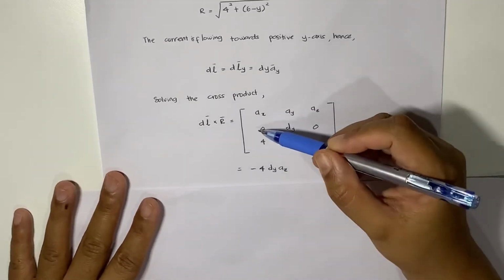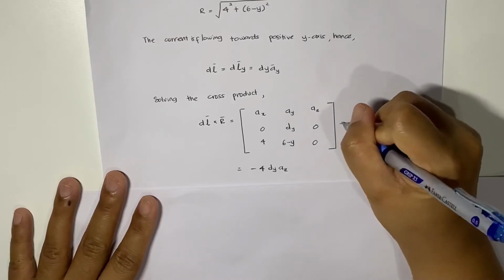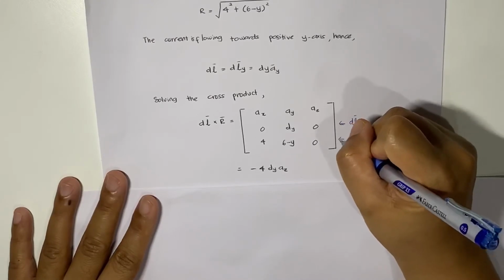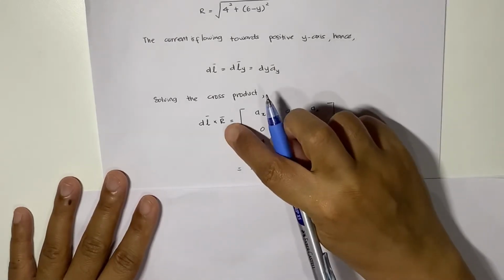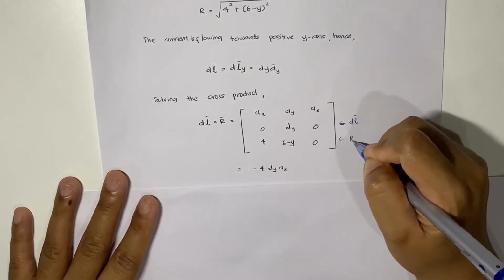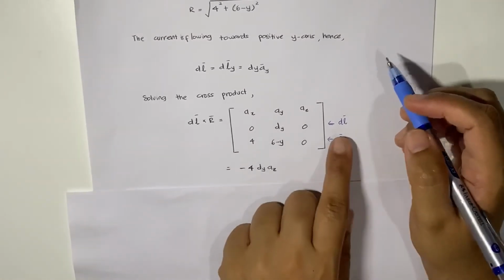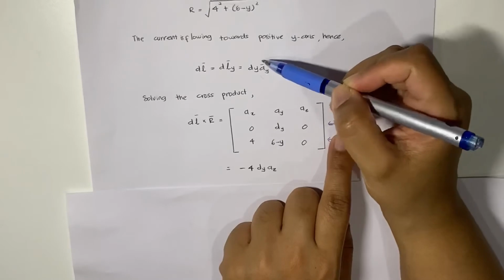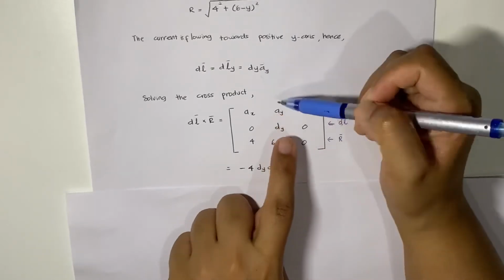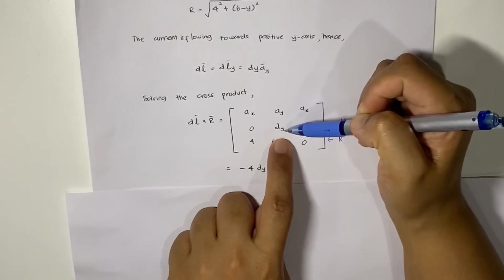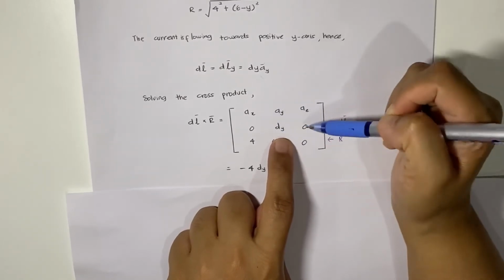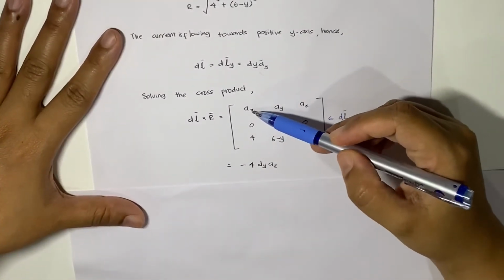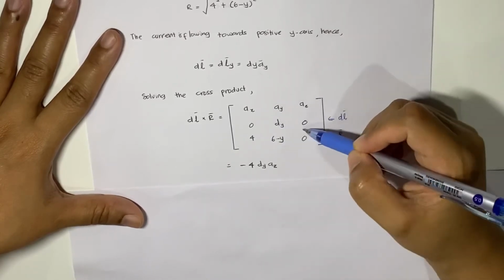This row relates with dl, and this row relates with vector R. If we refer to dl first, it only has dy in the ay direction, and the directions of x and z are 0.